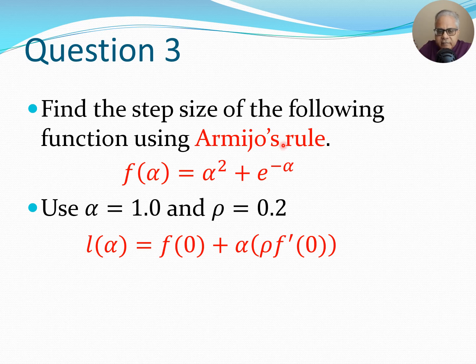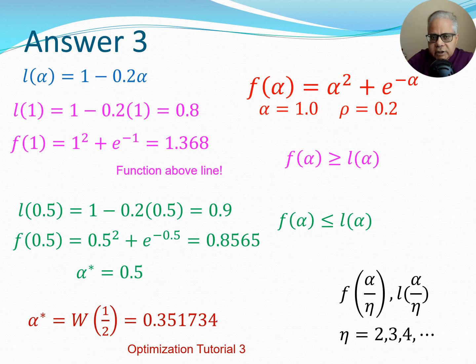Now this method behaves differently if we select a value of alpha which is pretty large. So let us try that out also. Let us try the case where alpha is 1 and rho is 0.2. So in this case we have to start with alpha equal to 1 and rho equal to 0.2.